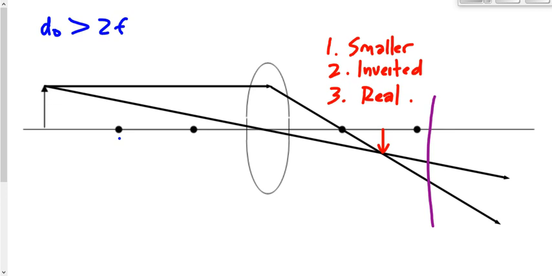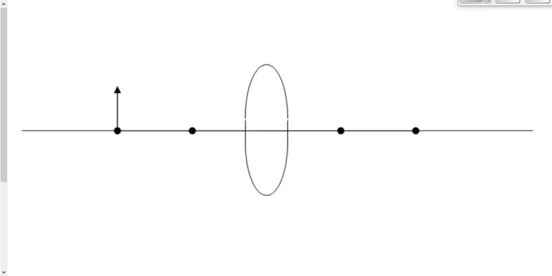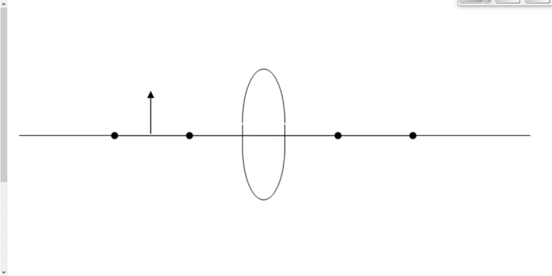A blurry image. I wouldn't say that I've projected the image onto a screen because it's not focused, but it's not that there's nothing there. It's just not focused there. In order to say that we have a real image, we have to be able to project a focused image onto a screen.